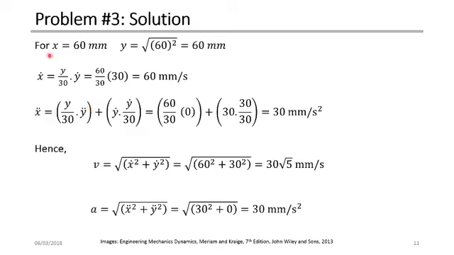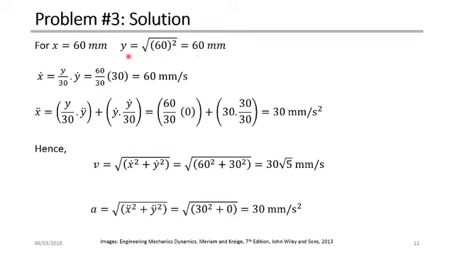It was given in the problem that all the calculations have to be made at x equal to 60 millimeter. Remember that there is a relation between x and y, so using the equation we can get y as the square root of 60 times x, then y is going to be 60 millimeter as well.